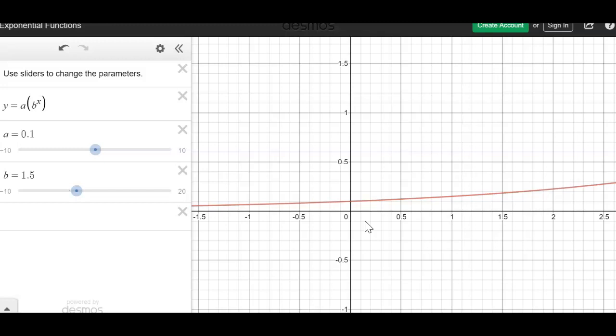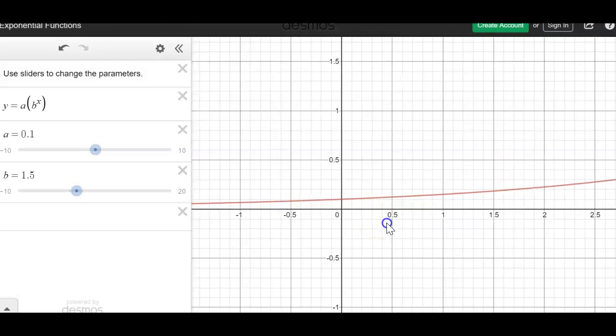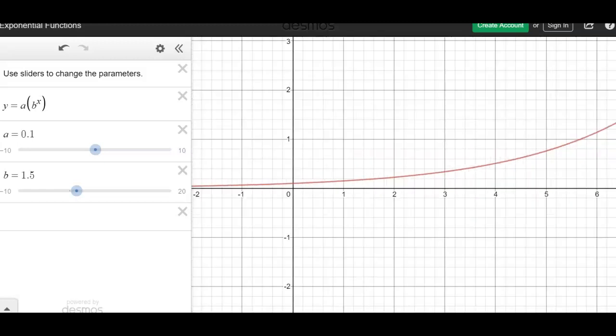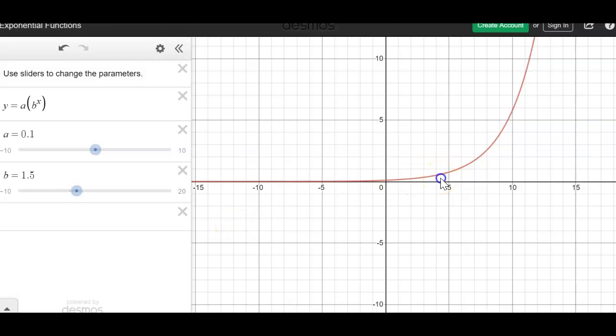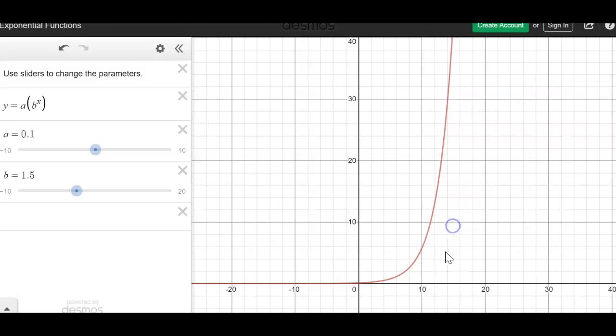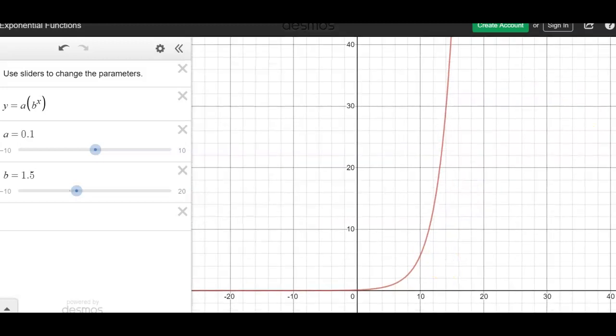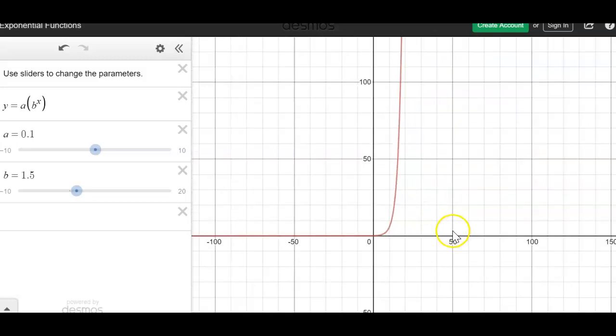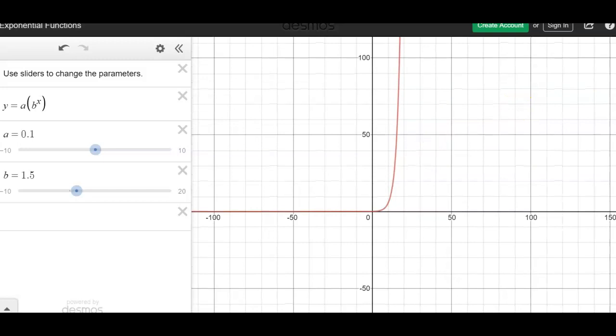We have a pretty small value of b, a pretty small common ratio. So it starts off not growing really quickly, right? But let's zoom out. Even with very small values of a and very small ratios, as the x input increases, exponential functions grow so quickly that even with these small positive values of a and b, for larger values of x, the output on the y-axis still grows incredibly quickly.